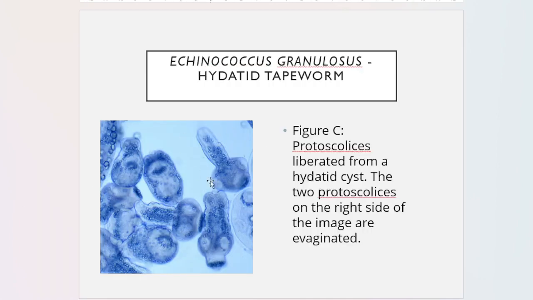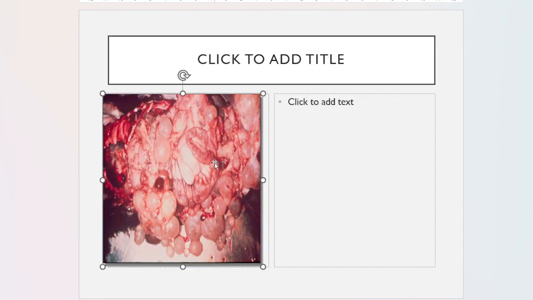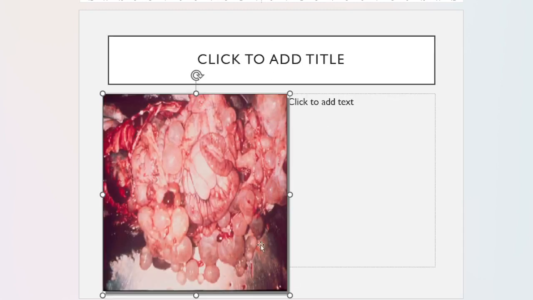So we have here examples of protoscolices. Okay, so these two here, these are evaginated. Ito naman, invaginated. Evaginated protoscolices. So we have here an example ng yung sa hydatid cyst. Kung nakikita nyo, parang para talaga siyang cyst, bilog-bilog.